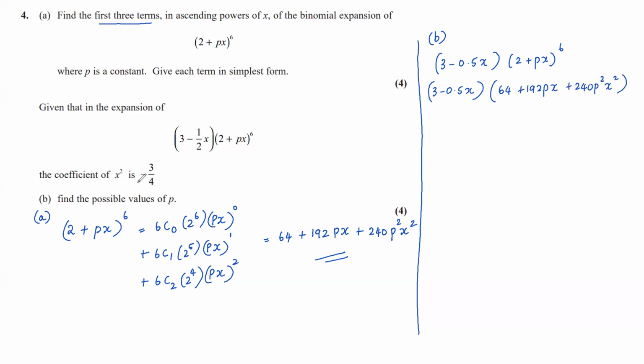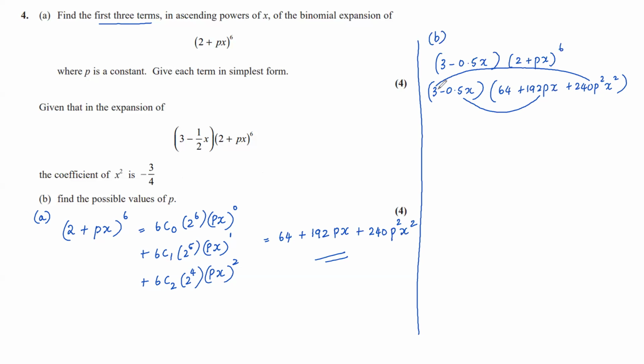So it's given the coefficient of x squared. How can I get the coefficient of x squared? This constant term, that is positive 3, when I multiply it with 240p²x², then my variable will be x squared. Also, minus 0.5x, when I multiply it with 192px, then the variable will be x squared again.